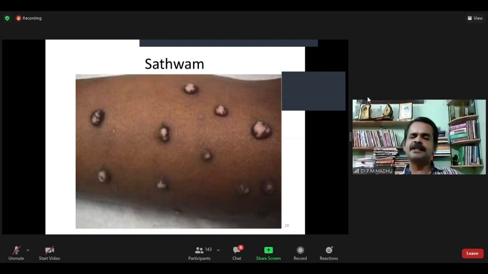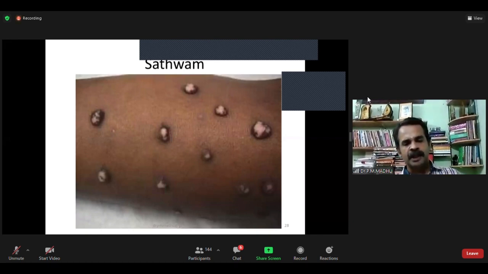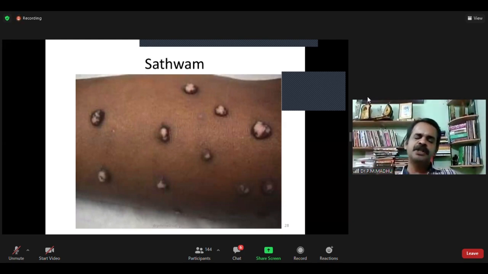Prurigo nodularis is a psychodermatological condition, meaning a dermatological condition that is created or triggered by some psychological reasons. Essentially, the dosha dushti and the sroto vaigunya will all be there, but the manasika bhavas are the strong triggering factors in these cases.